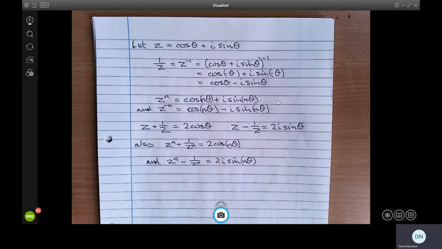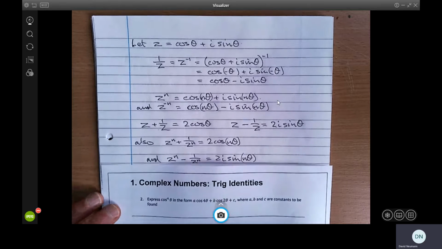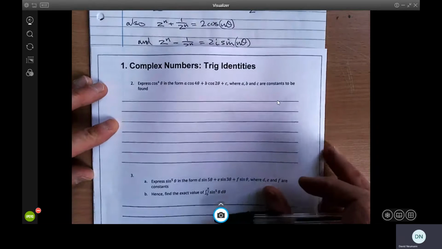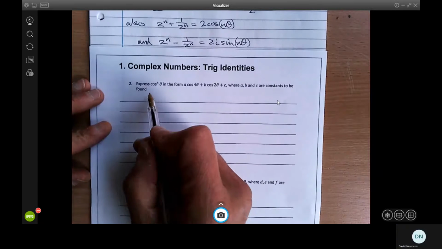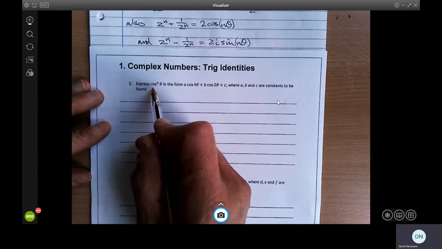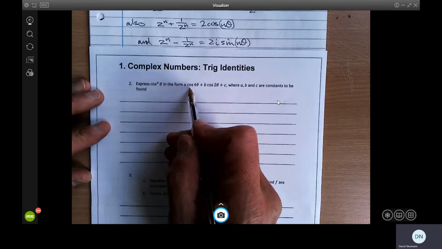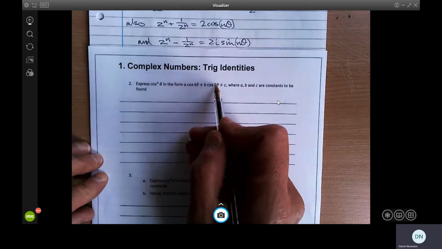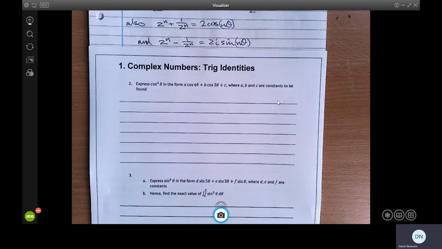So why do we care about that? Well, let's have a look at the question in the course workbook. Express cos to the power of 4 of theta in terms of cos 4 theta and cos of 2 theta.